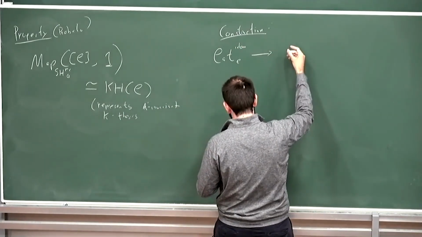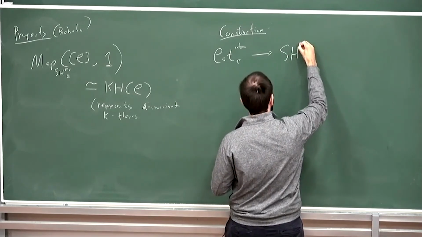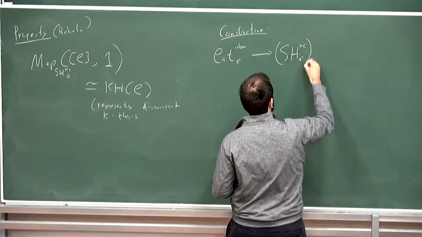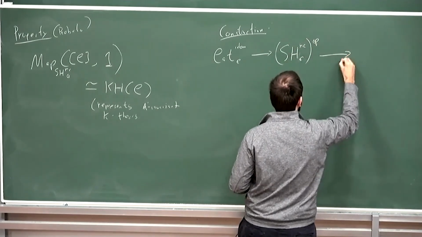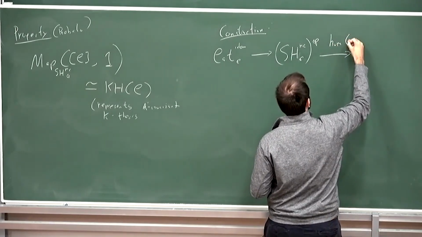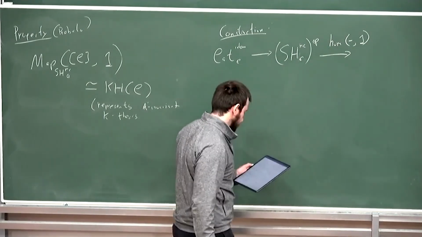Now we can view this as a functor to SH to the opposite category, and then we take the internal Hom to the unit. So I use this notation for internal Hom.